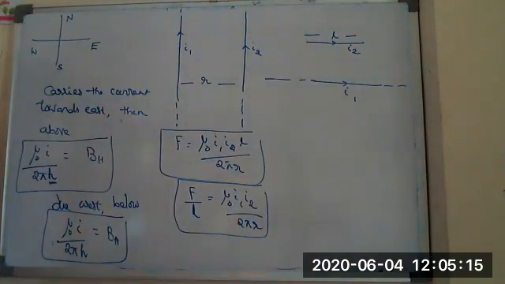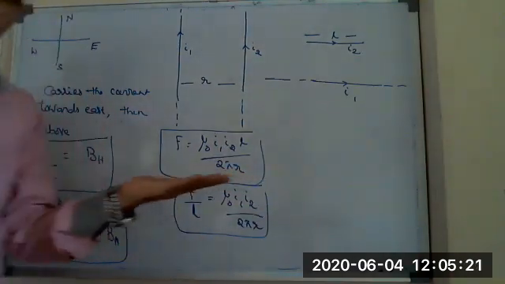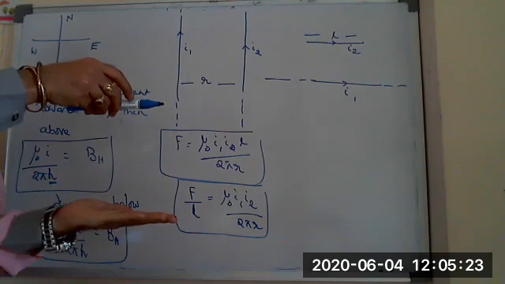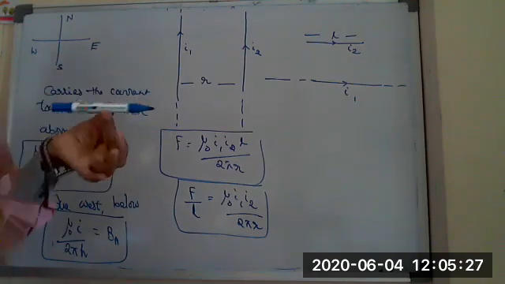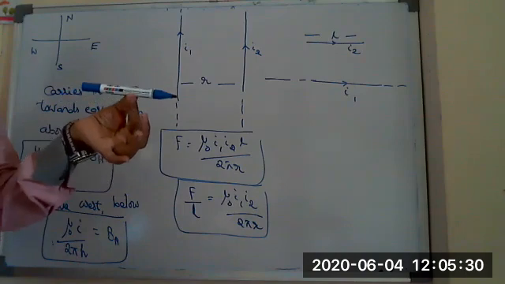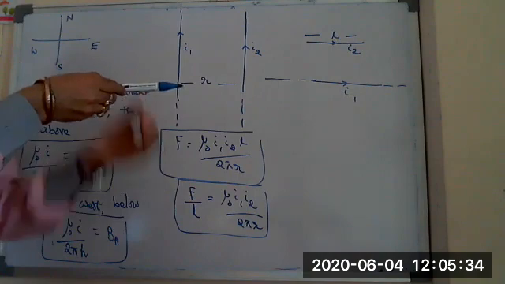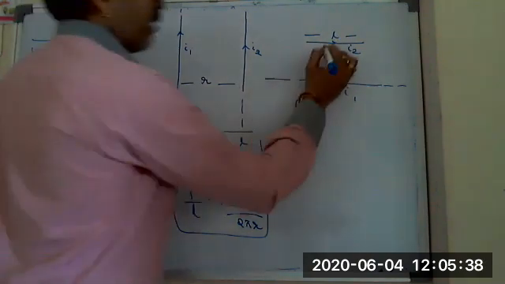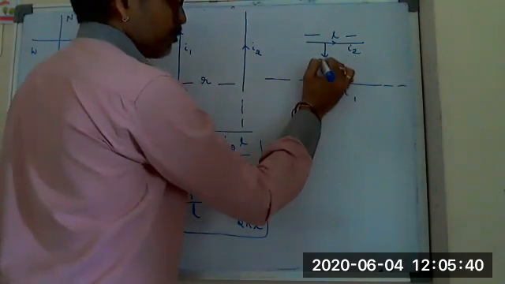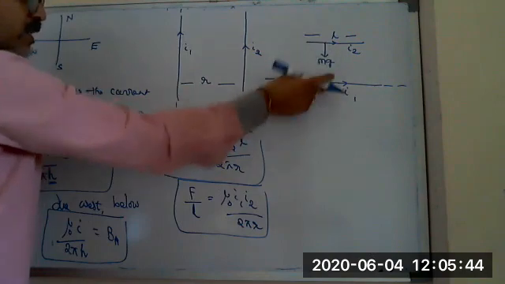And here the conductor is floating in the air without any support. This is one infinite straight conductor and this is one finite conductor, floating in air without support. Floating in the air means it is placed above the conductor, and they are considering the gravity also. So the gravity acts downwards. And here they are carrying the current in the same direction.